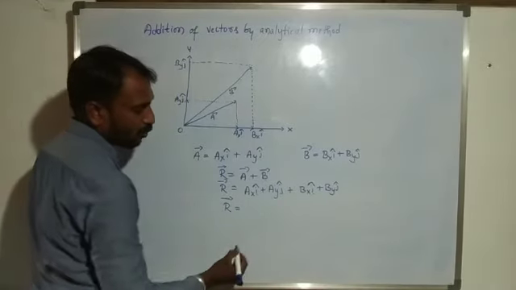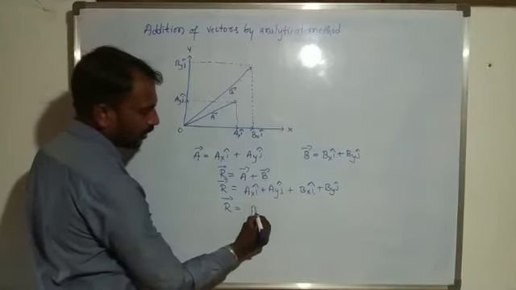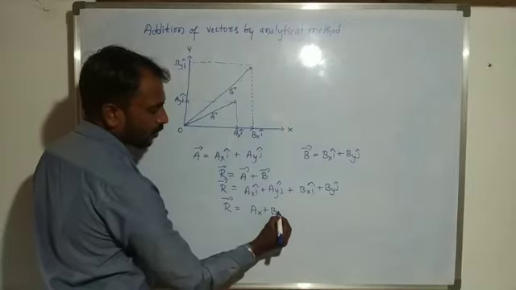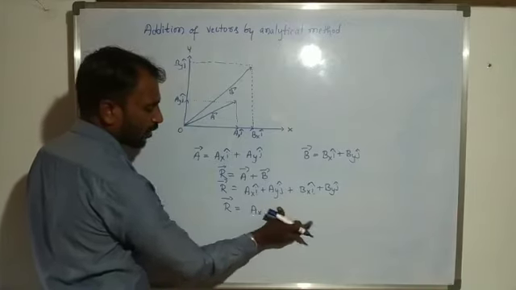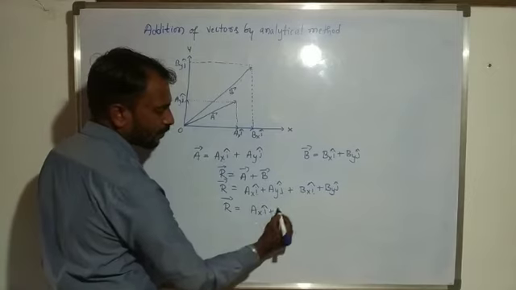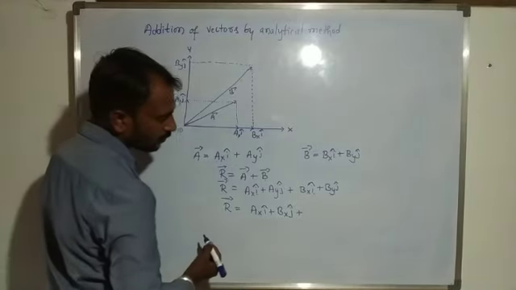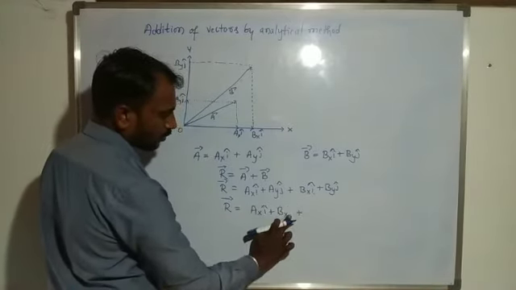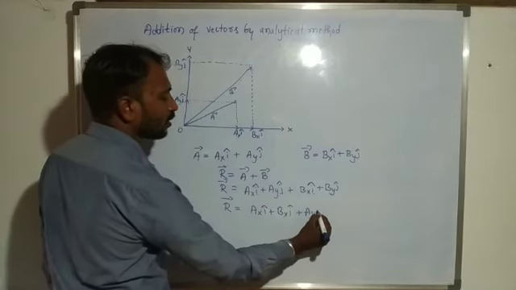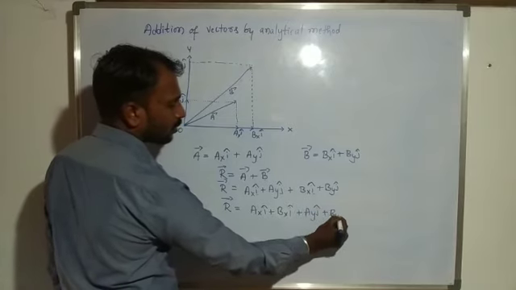Take i cap common and j cap common, because these are unit vectors. We add the x-axis components, Ax i cap plus Bx i cap, and the y-axis components, Ay j cap plus By j cap.